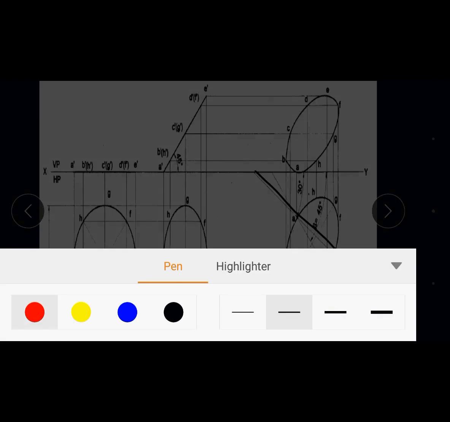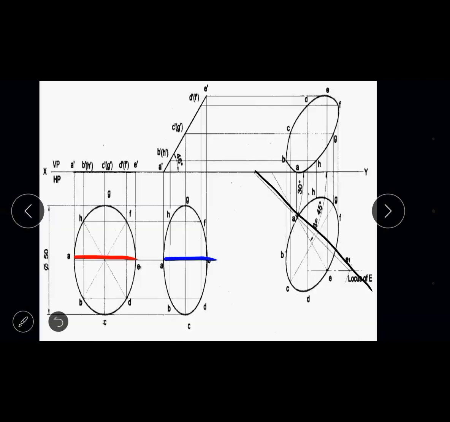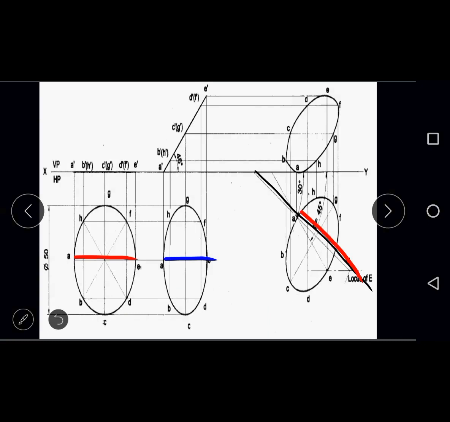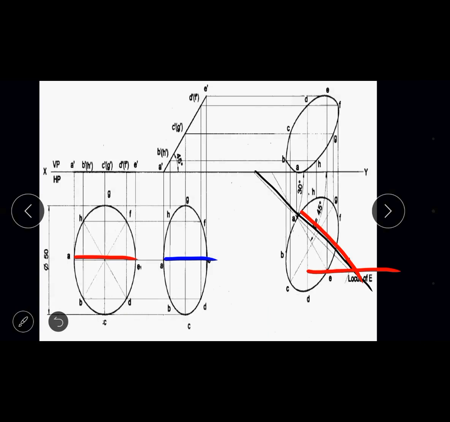The median of the regular shaped lamina is marked, and at the point of intersection at E1, the horizontal locus line is constructed. So on the 30 degree line the median of the regular lamina, the red line AE1, is marked, and at E1 a locus line is drawn.